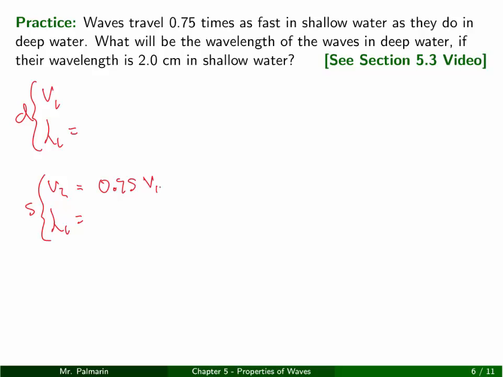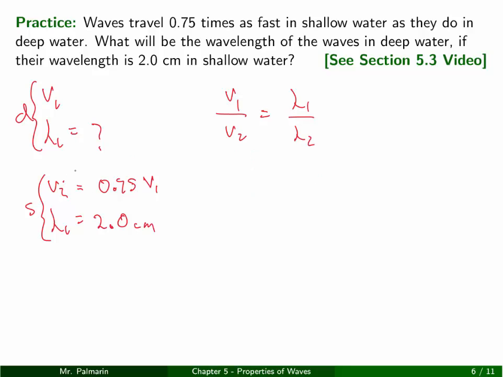It's asking what the wavelength of the waves in deep water will be if their wavelength is 2 centimeters in shallow water. This is actually solvable with the information I just wrote down, because while there's a 4-variable equation, I'm only given 2 values. I'm given a percentage of one of the other values.